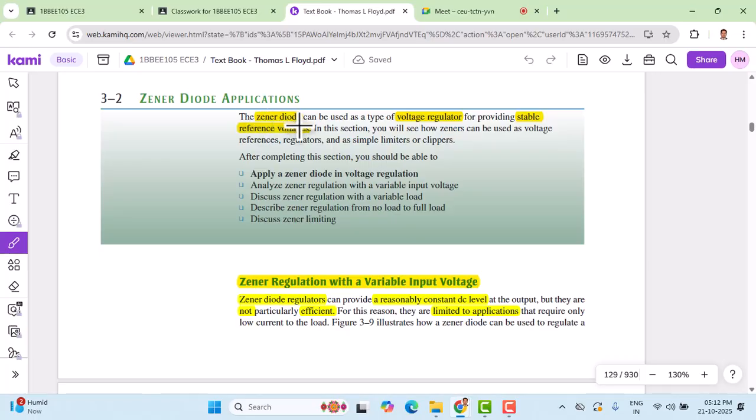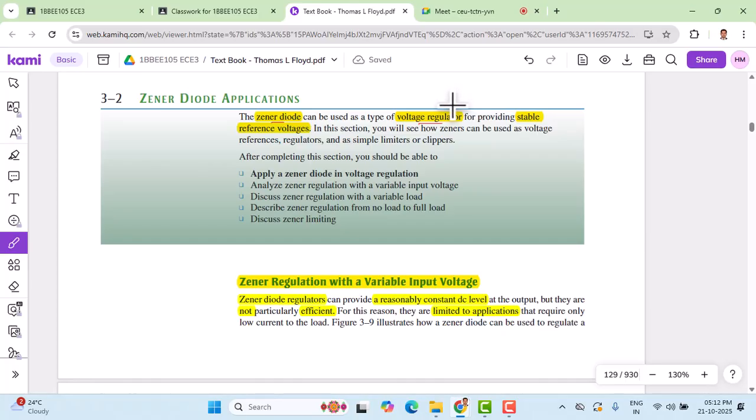As we already said, the Zener diode is basically an alternate version of the ordinary PN junction diode, but with a special manufacturing, with a lot of doping. It can be used as a voltage regulator, especially when you want constant DC voltage in DC applications, especially mobile applications.